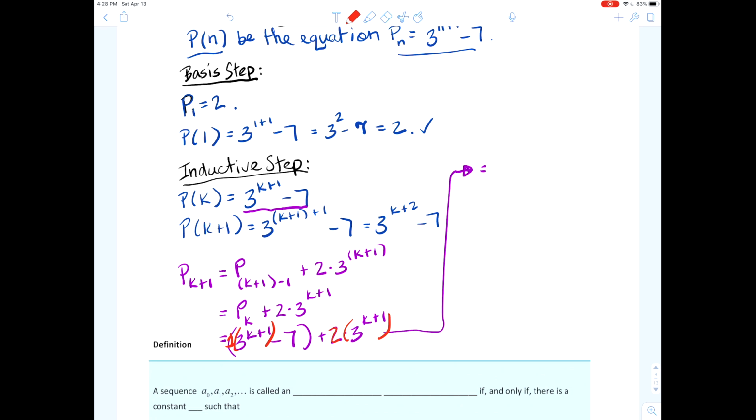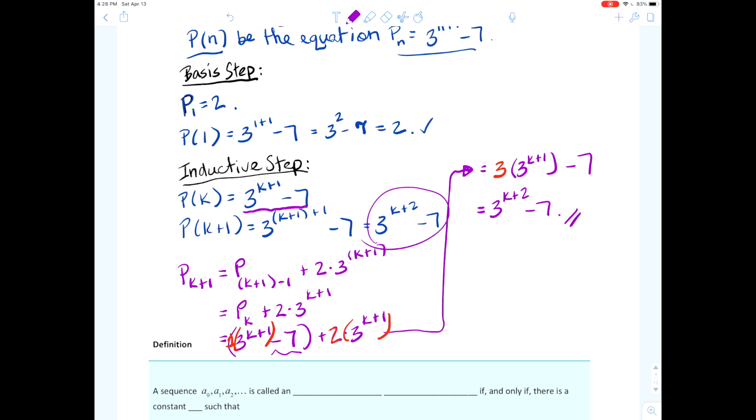So I will have 3 of these 3 to the k plus 1s. And then we've got this minus 7 carrying it over from here. Well, that's going to be, remember, 3 is 3 to the 1. So I'll end up getting 3 to the k plus 2 minus 7. But isn't that what we got over here?